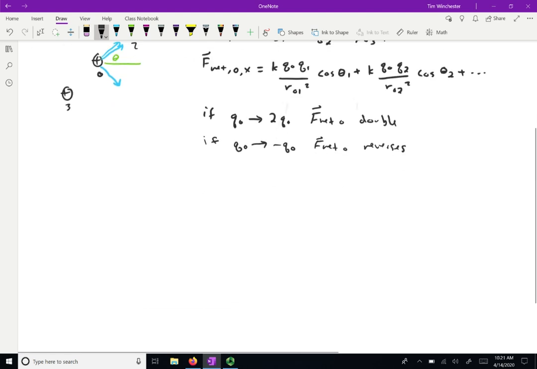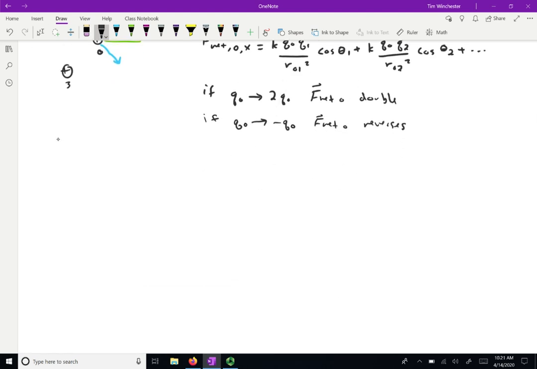Okay, so we're going to define a new quantity. The electric field, which will be capital E vector, is going to be the electric force divided by charge 0. Okay, so we're just dividing out the effect of that charge. It showed up in every term anyway, so we can ignore it, essentially, when we're calculating the electric field.